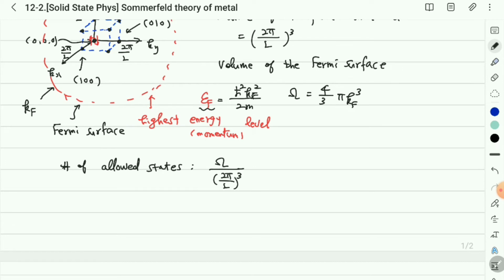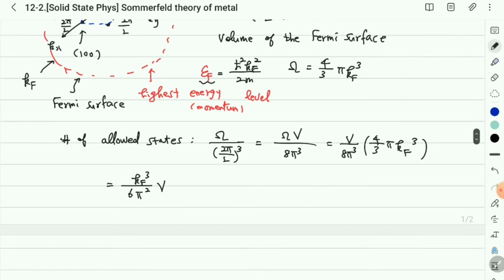Then we can calculate the number of occupied states: it is Omega times L cubed over 8π cubed, where L cubed is the volume V. Omega is 4/3 π kF cubed, so it is kF cubed V over 6π², and it is the number of allowed states.